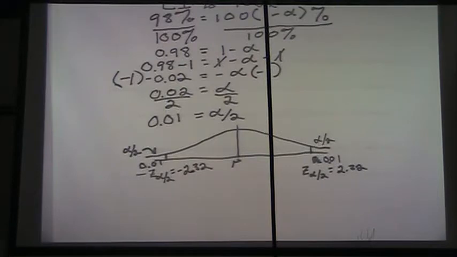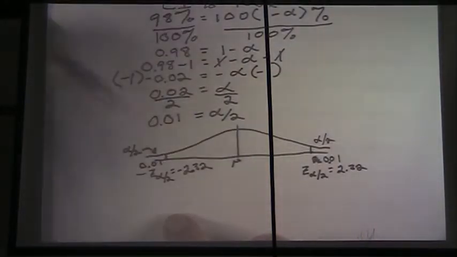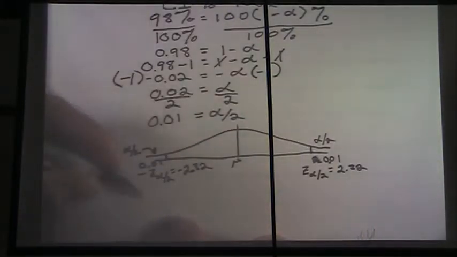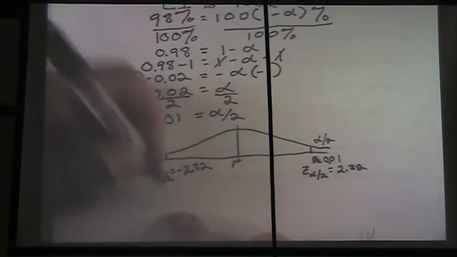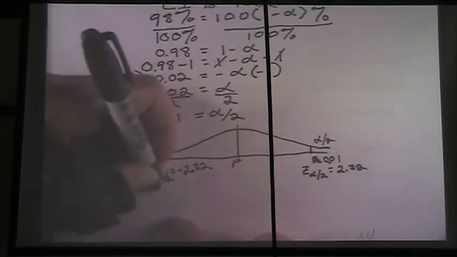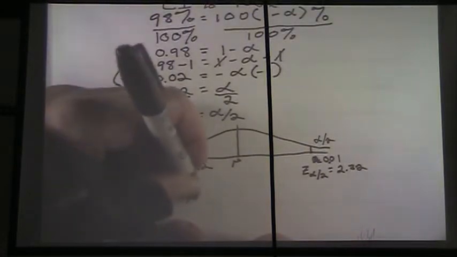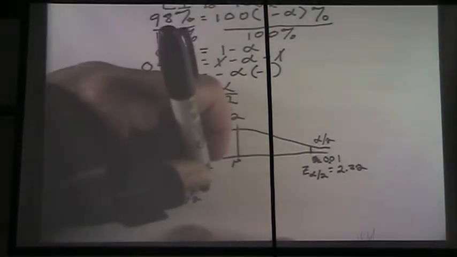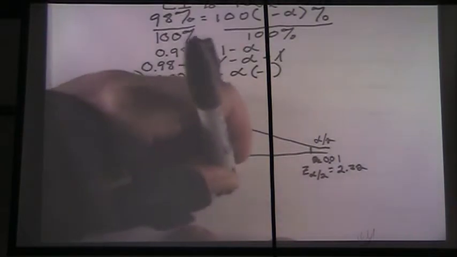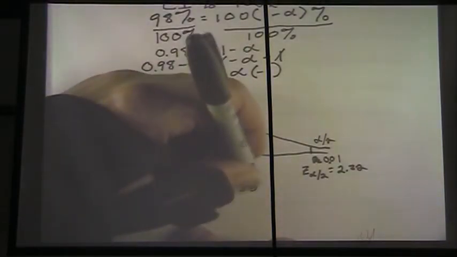Sorry, a little messy on my writing there. Therefore, we are saying that our z alpha divided by 2 is equal to 2.32.